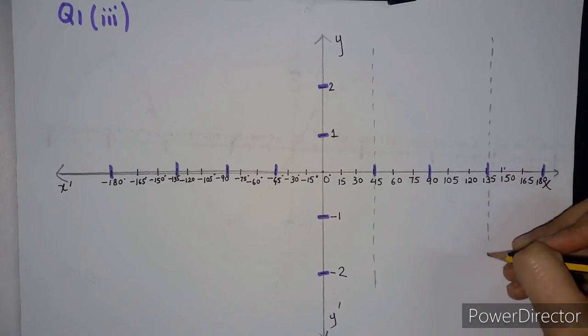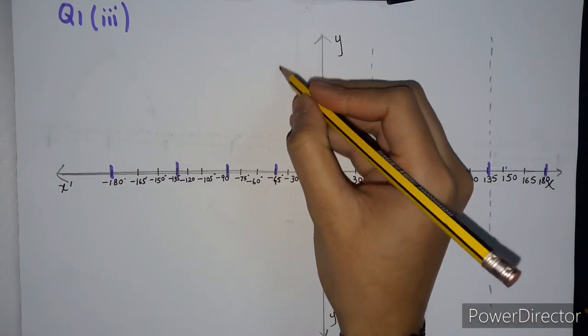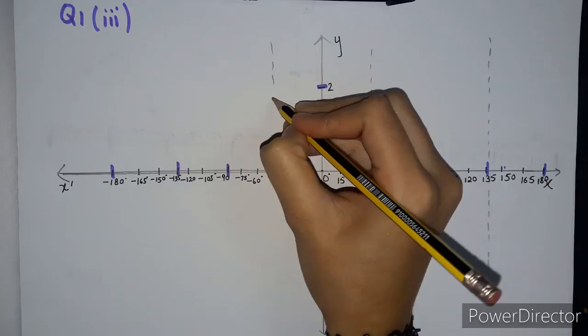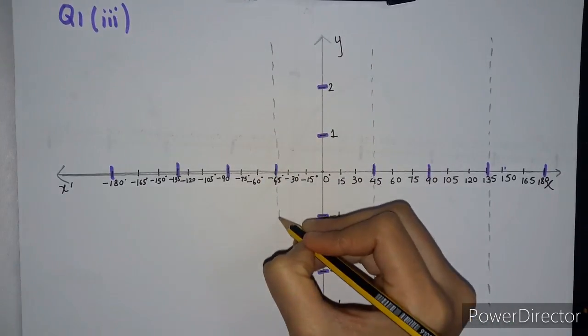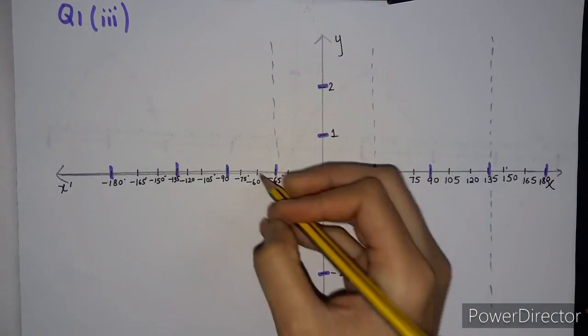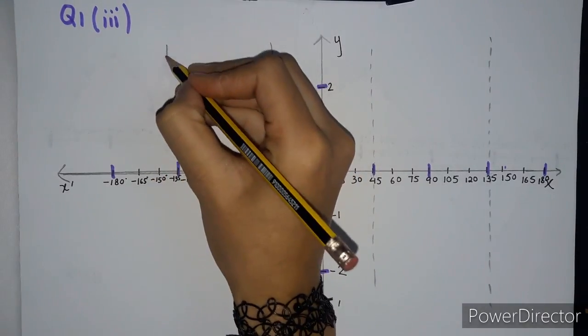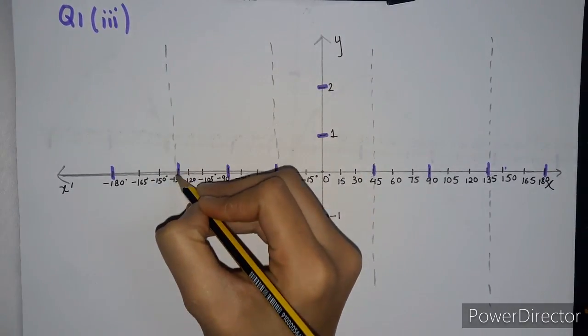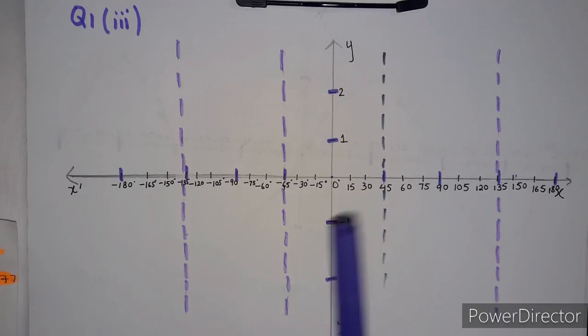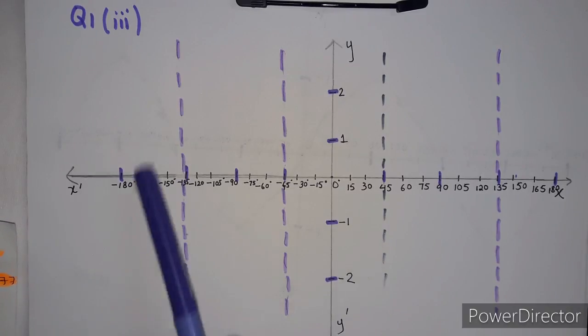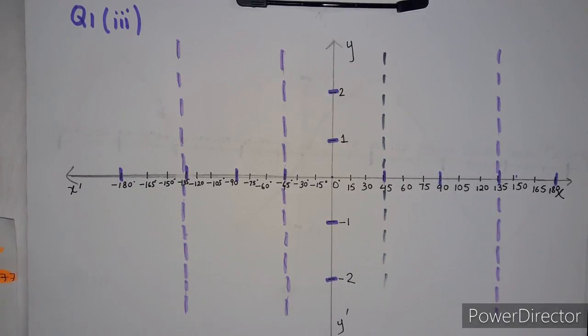You can use a scale as well. At minus 45 put a dotted line, then minus 135. In this way you will apply the dotted lines.